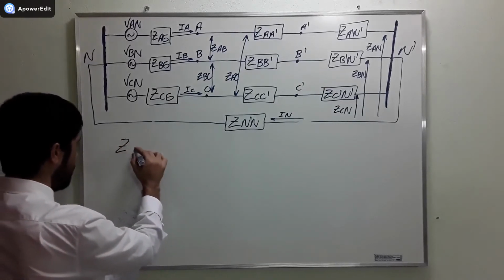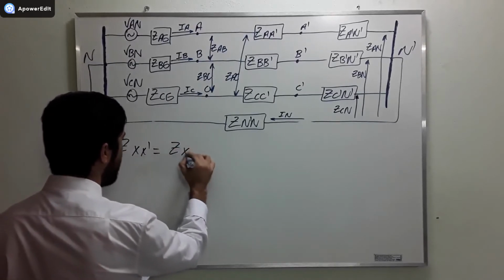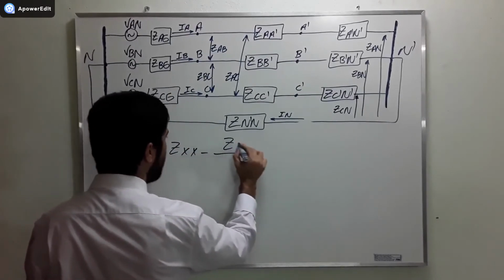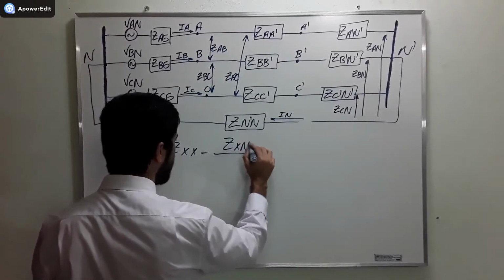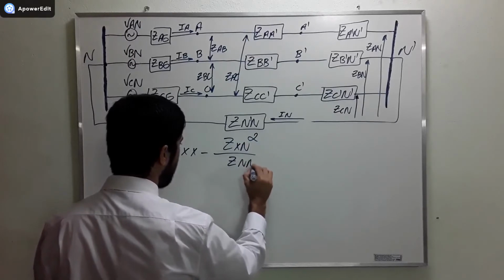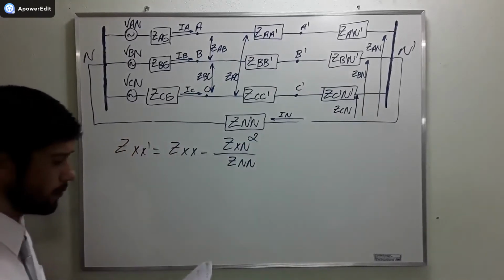Zxx prime is going to be equal to Zxx minus Zxn squared divided by Znn. Alright? Very simple formula.